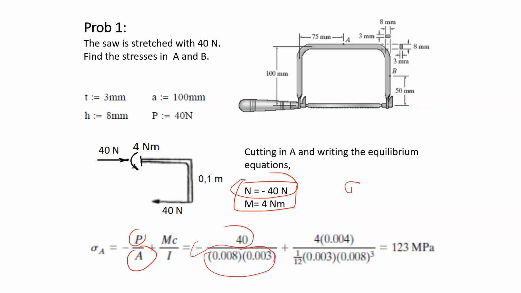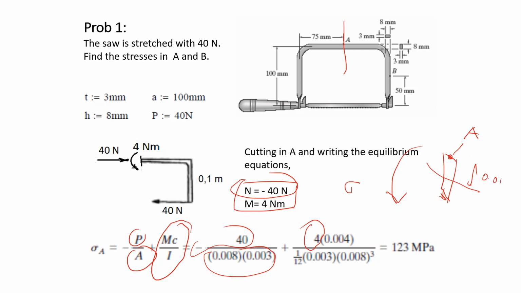And in section AA, if you imagine that this section looks like this, and you apply a bending like this, in point A you will have positive tensile stresses, which you can calculate with this formula. This is your bending moment. This is the distance of point A from the neutral axis.